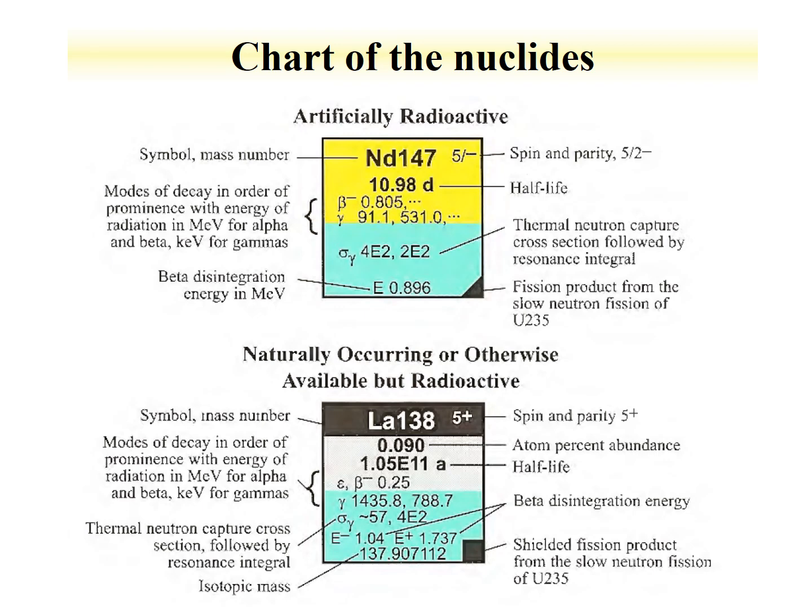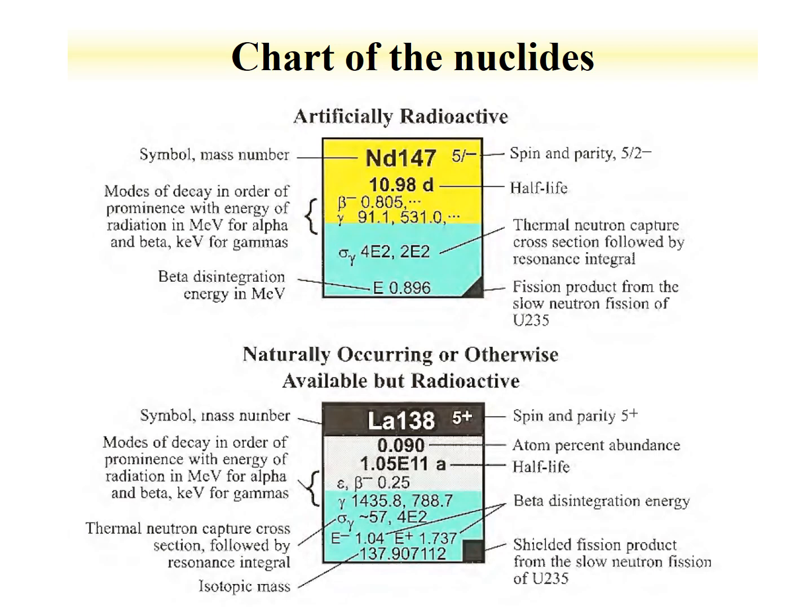If it's beta, the value is in MeV. If it's an alpha, it's also in MeV. But if it's a gamma, the value is in keV. So this is 800 keV for the beta minus and 90 keV for the gamma.